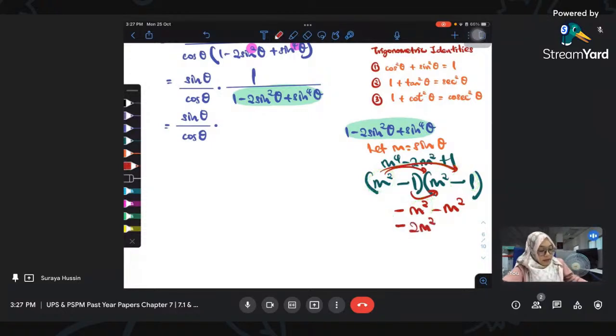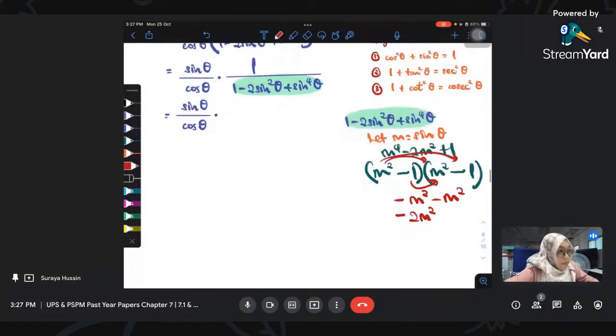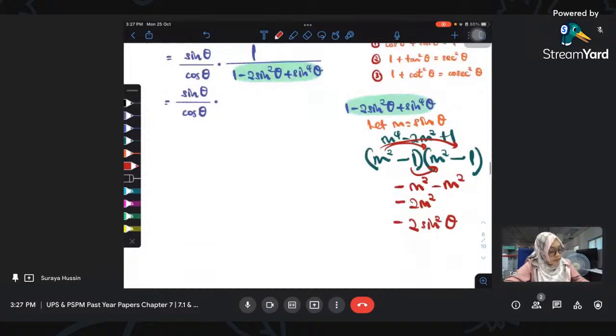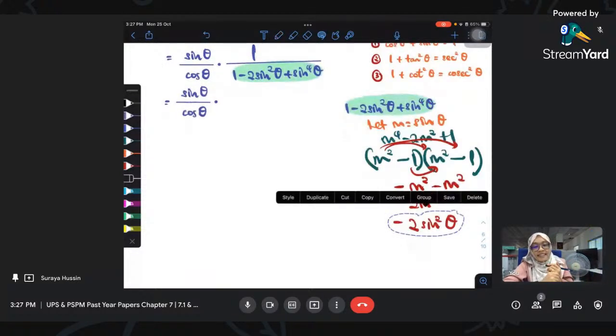Ni you tulis tepi tau. Sebab apa? Sebab nanti you nak tukarkan balik, you akan dapat negative 2 sine squared theta. Apa pula saya buat ni? Ya Allah. Saya dah mengarut dah. This is not what I want.